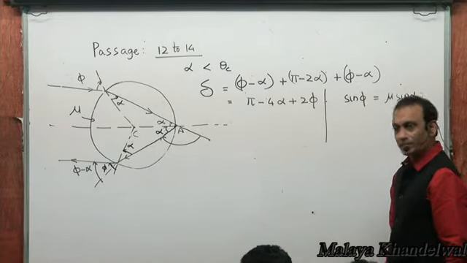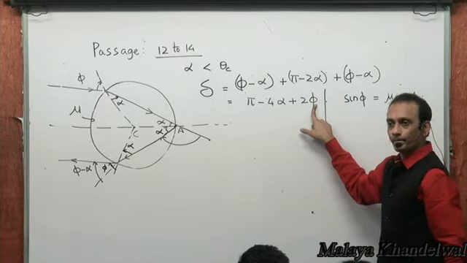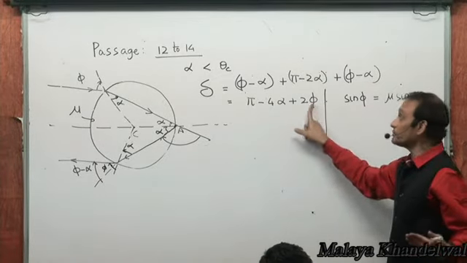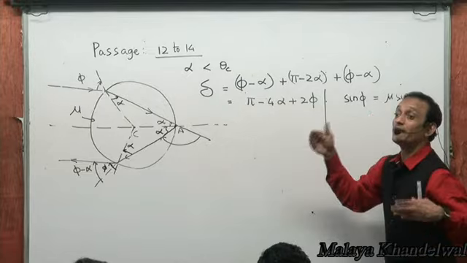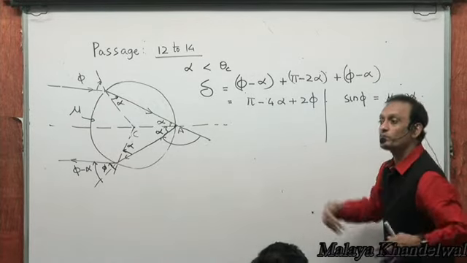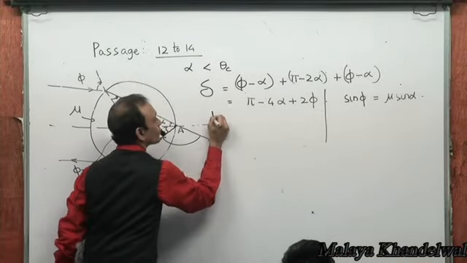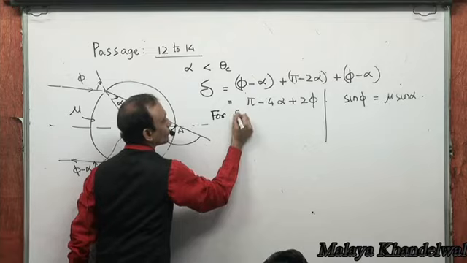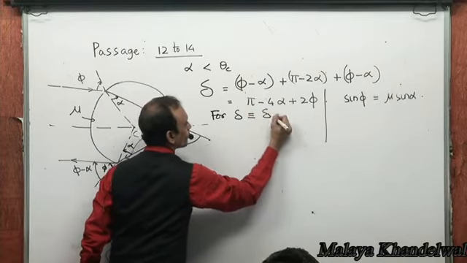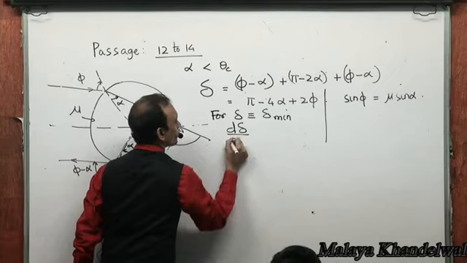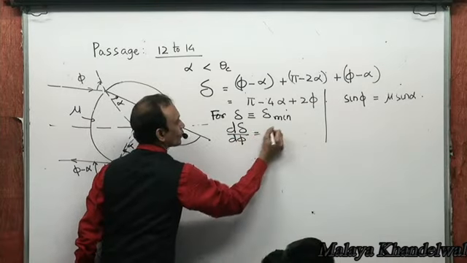Delta is a function of phi, and alpha is also a function of phi. So for delta to be minimum, d delta by d phi must be 0. Yes or no?